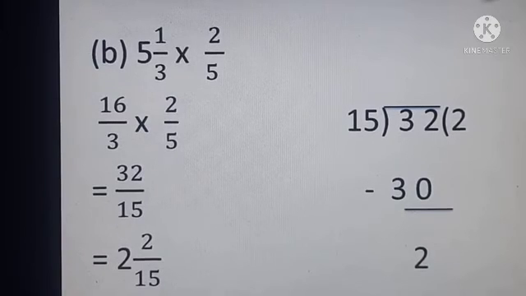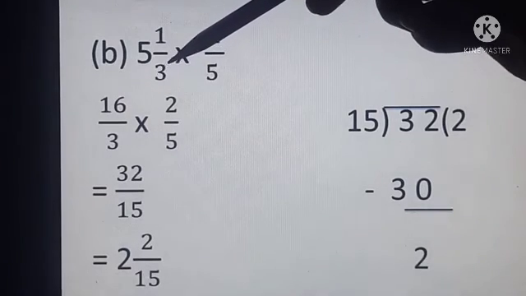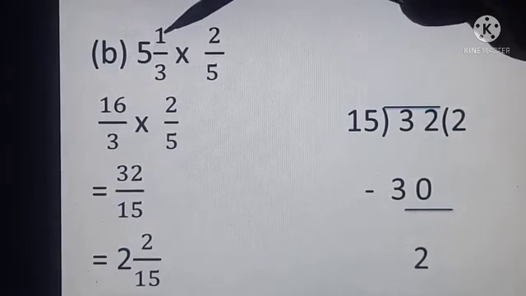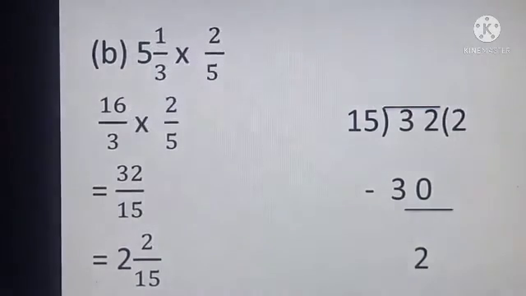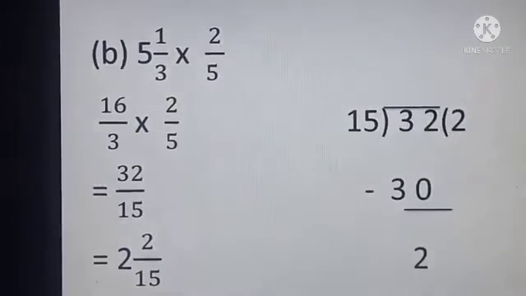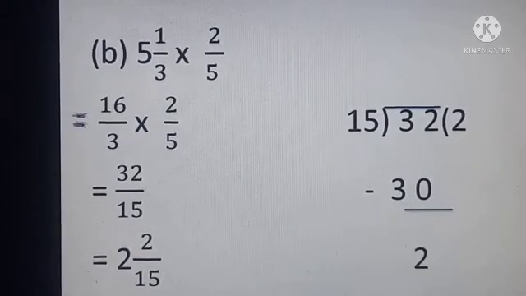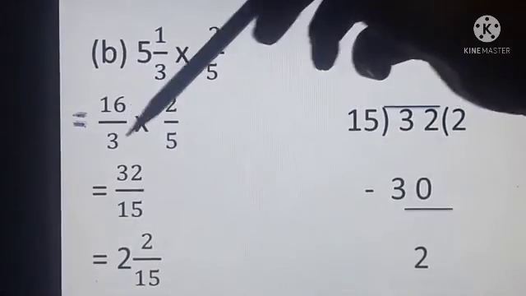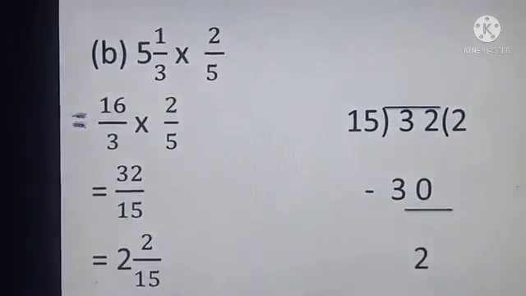Now, B part of question 2. 5 whole 1 upon 3 multiply by 2 upon 5. Okay. Now, you know that beta 3 fives are 15 plus 1, 16. 16 upon 3. Multiply 2 upon 5. Now 16 twos are 32. 3 fives are 15.